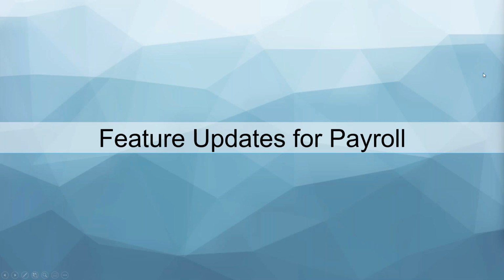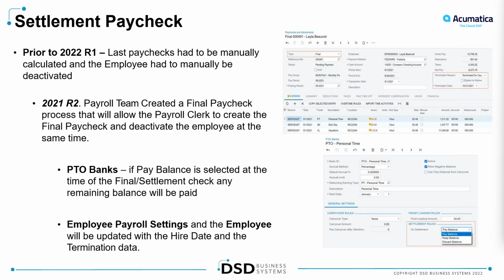Looking at a couple features within payroll, not everybody needs payroll, not everybody has in-house payroll, but there are several that are out there. And just to show that Acumatica listens to its user group, listens to the partner channel on what's important and what is necessary. So prior to 2022 R1, last paychecks were a little complicated, very, very manual.